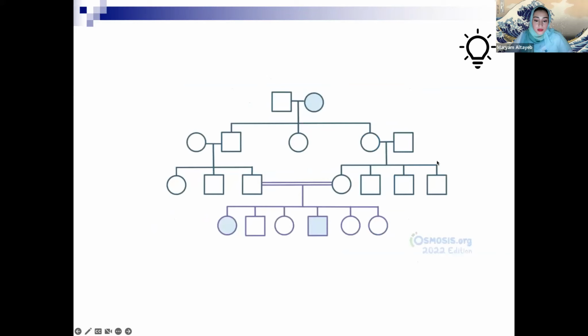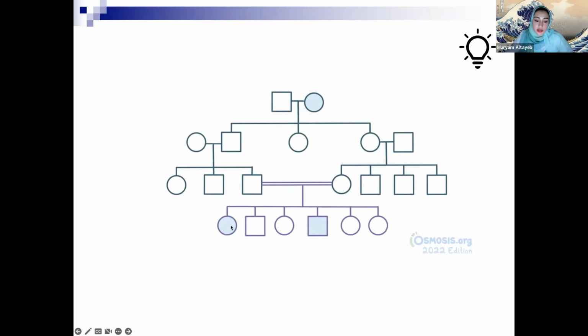Now this one, and remember, two lines means consanguinity, so marriage within the family. You can see someone affected here in the great-grandparents, and then they don't pass it on to their kids. But when the family marries within itself, you start to get manifestations of the disease.